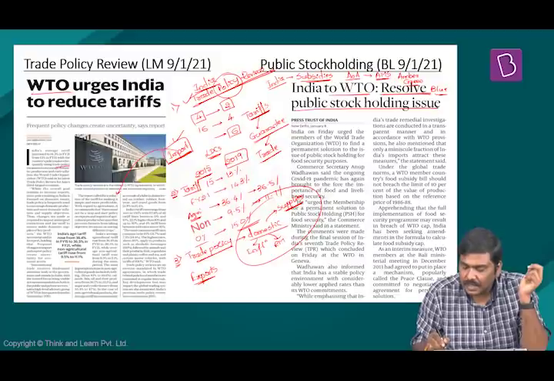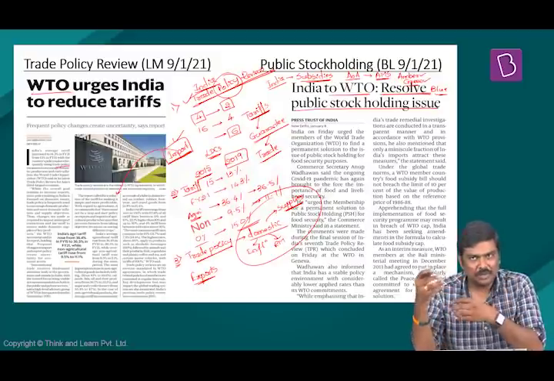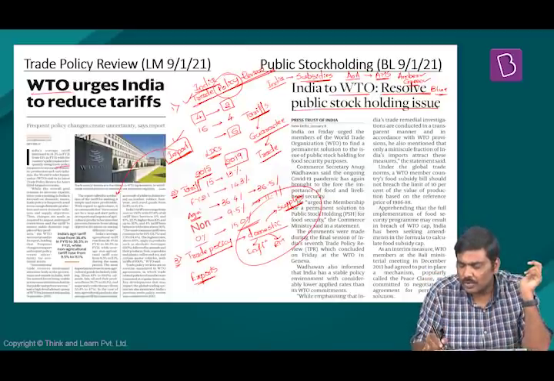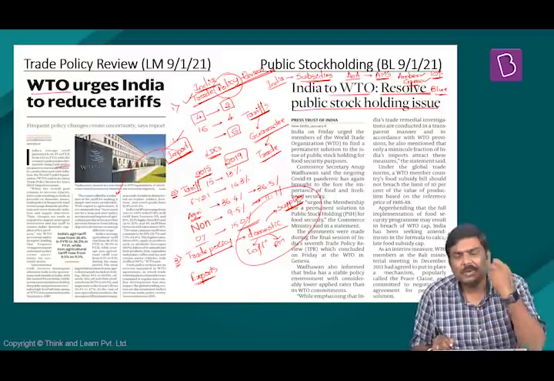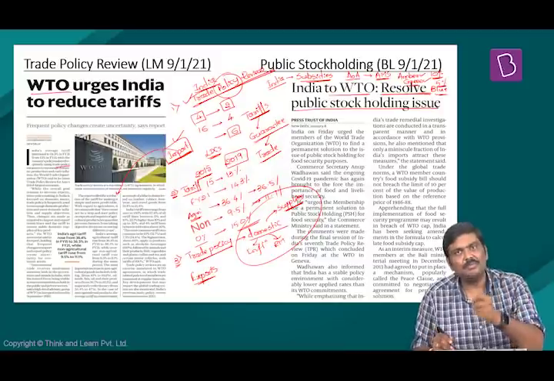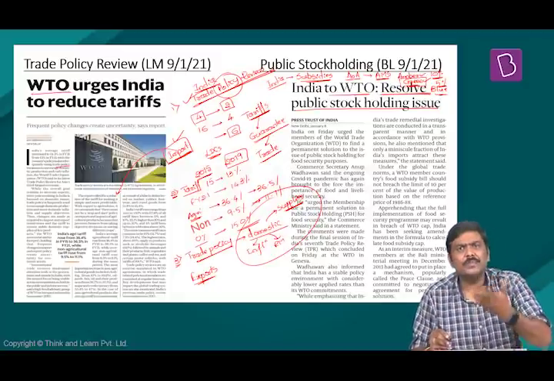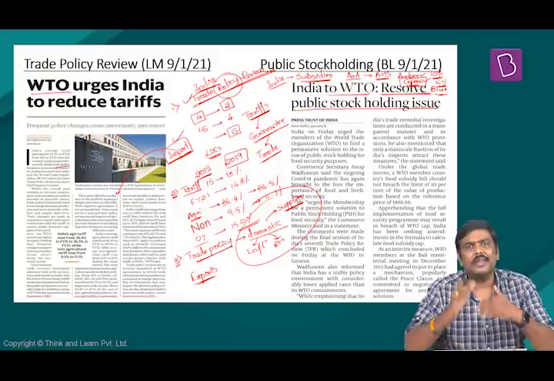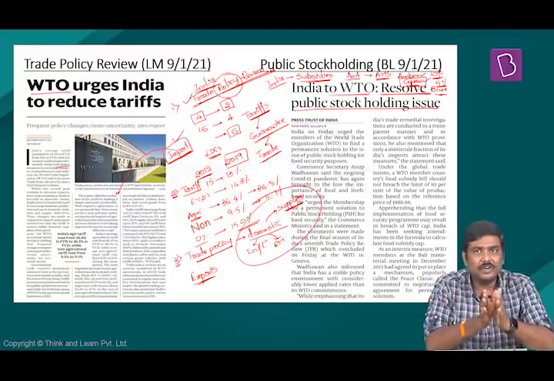Now understand this: in the case of amber box subsidies, the aggregate measure of support provided by the government in the agriculture sector should not cross more than 10% of the value of production in the case of developing countries, and not more than 5% in the case of developed countries. In the case of green box subsidies, there is no limit because these are non-distorting or least distorting subsidies in the market. Hence, any amount of subsidy can be provided. Again, there are certain conditions attached even to this.